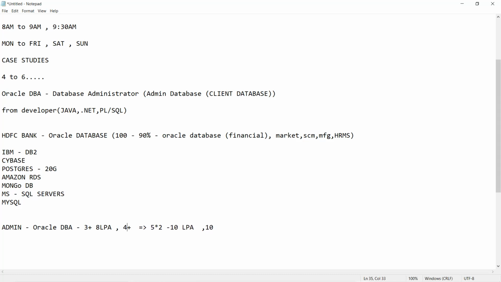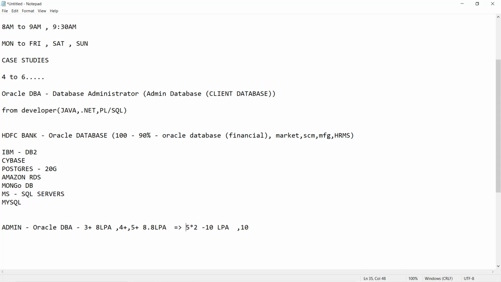Generally in corporate companies or MNCs, in the first year you will not get any hike. When you move to the fifth year, they will give some 10 or 9 percent, so it will change to 8.8 lakhs per annum for 5 years.